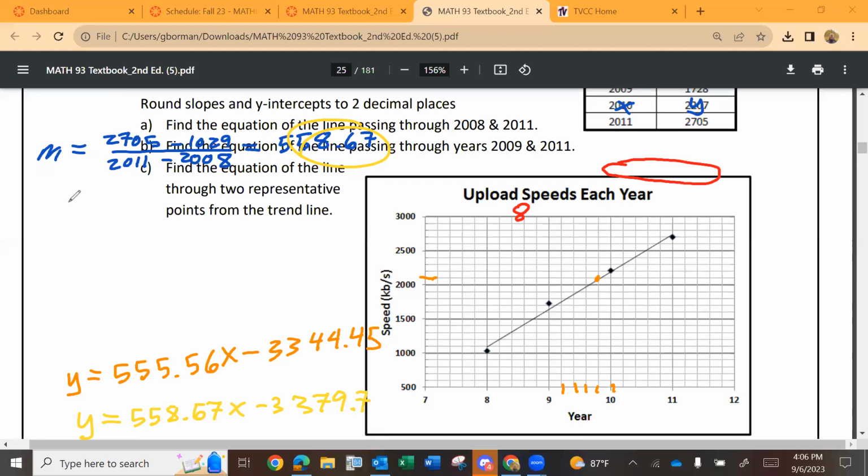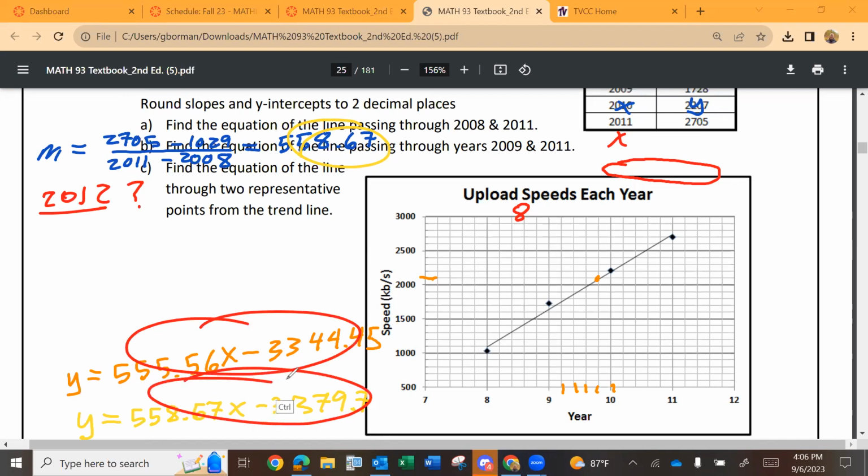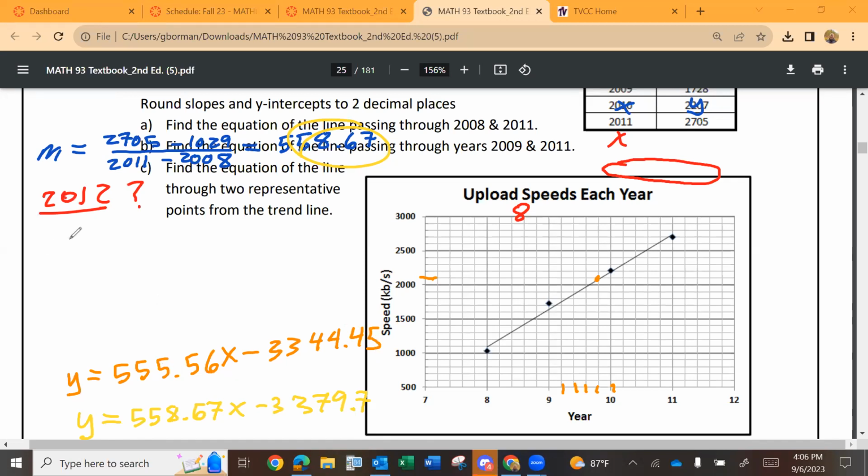So in the year 2012, what are we expecting? Well, 2012 is an X value. That's year number 12. So I would take either that equation or that one, depending on which one I'm asked to do. I'll just take this top one, and I would plug in 12 for X.